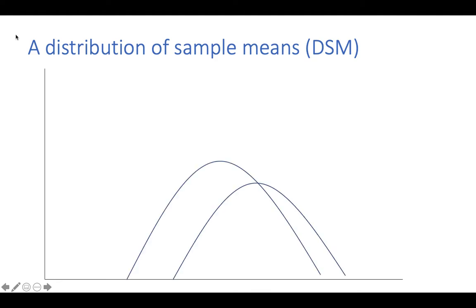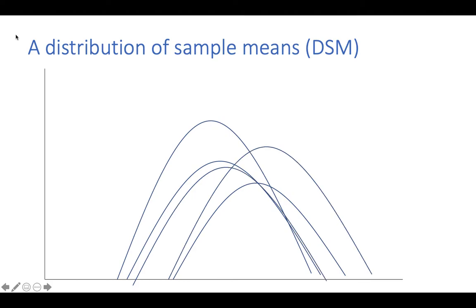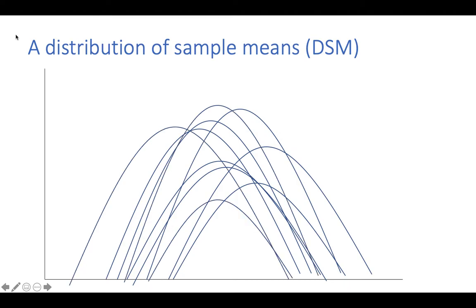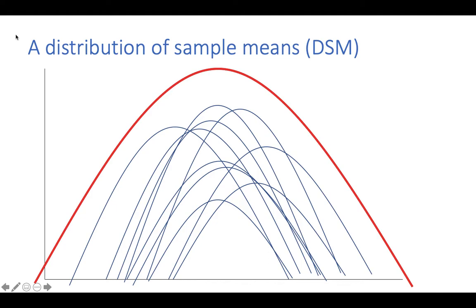Sample 1, sample 2, sample 3, sample 4, sample 5, sample 6, 7, 8, 9, and 10. So these are all 10 different combinations of samples that we took from the population. Do you see how they're starting to cluster together? Do you also see how they're starting to make a normal-ish type curve?